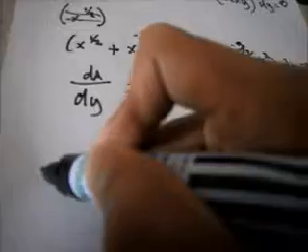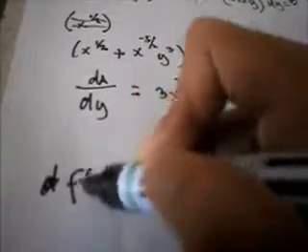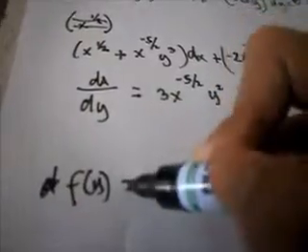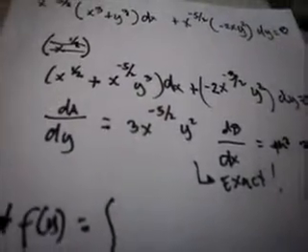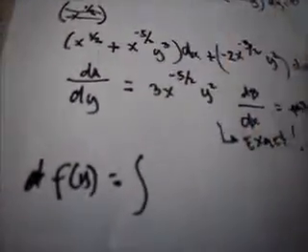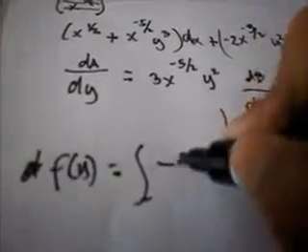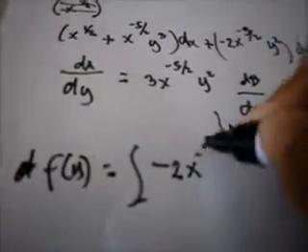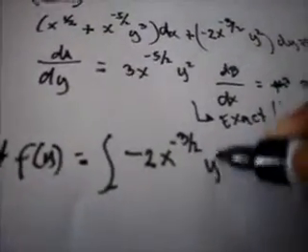So we have f of y equal to the integral of negative 2x to the negative 3 halves y squared dy. I chose this because it's one term only, so it's easier to solve.